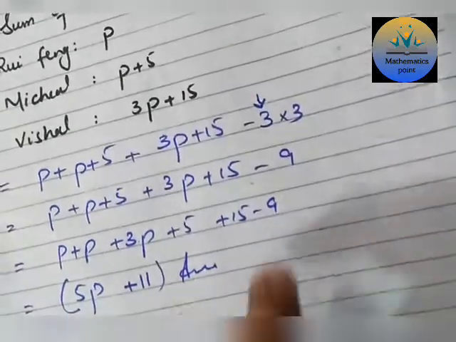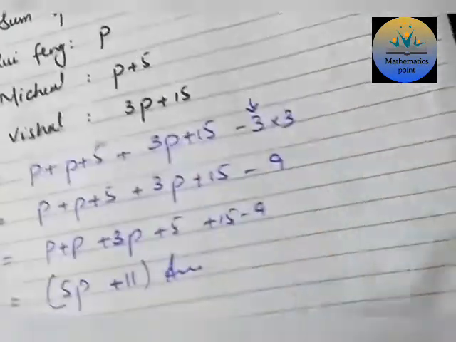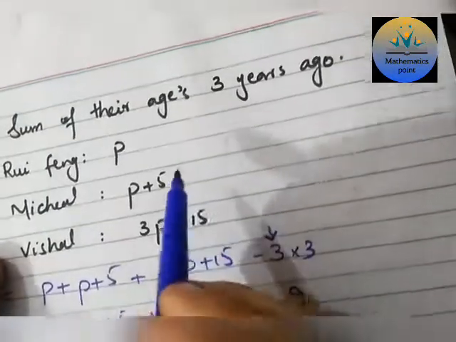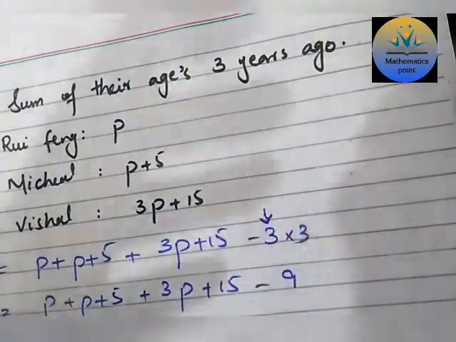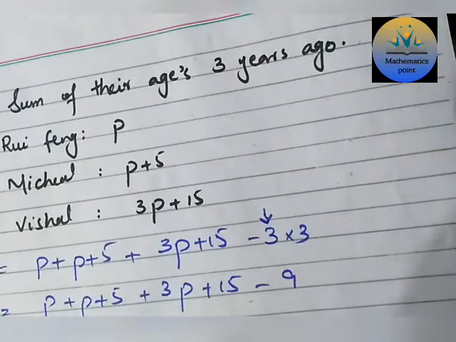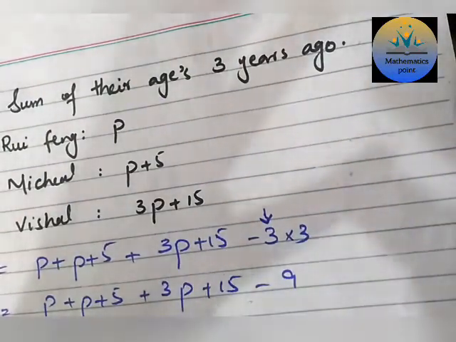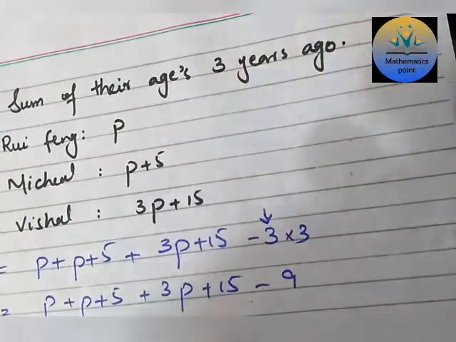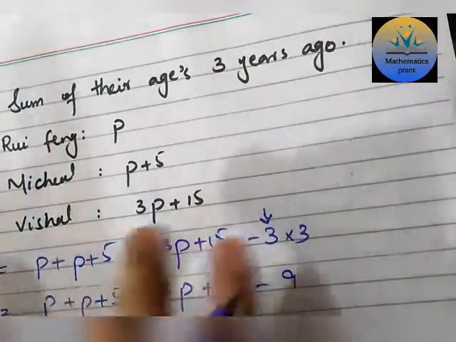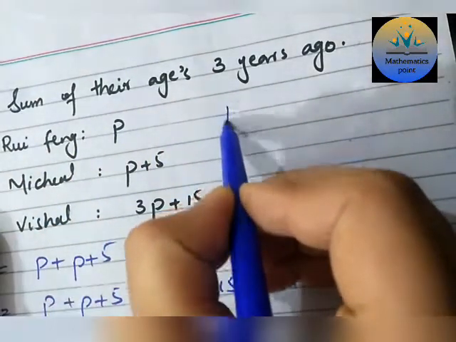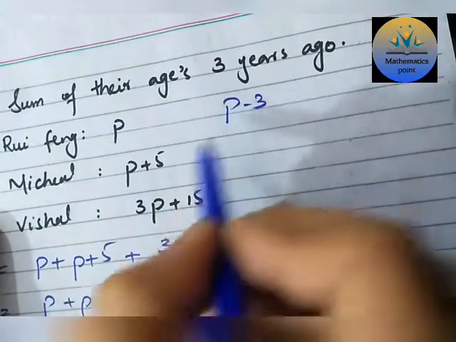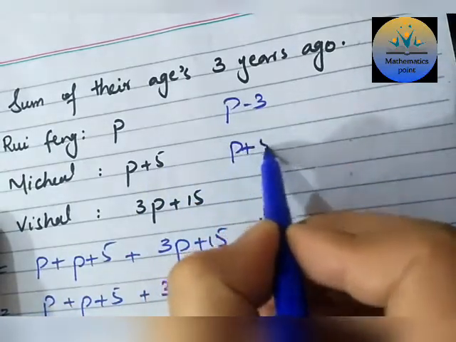And the second method: if you are still confused about this step, you can solve this question like that. These are their present ages, and 3 years ago, suppose my present age is 26. Before 3 years my age was 23. I just minus 3 from my present age, 26 minus 3. Same here: their present age is p, so before 3 years that will be p minus 3, then this will be p plus 5, the present age.